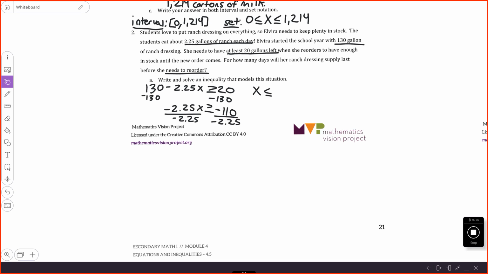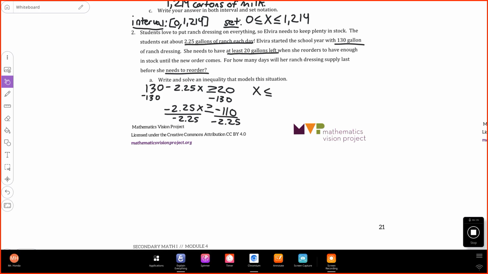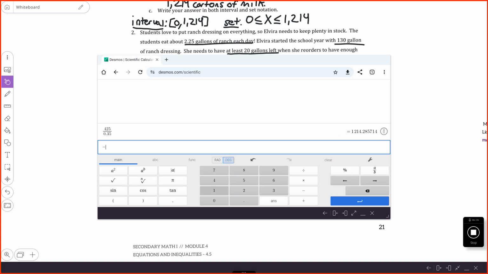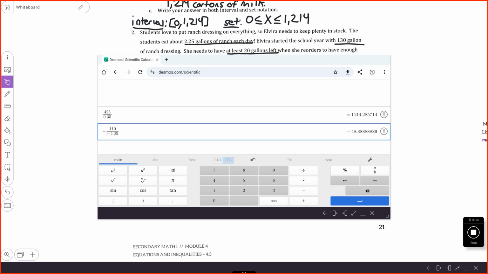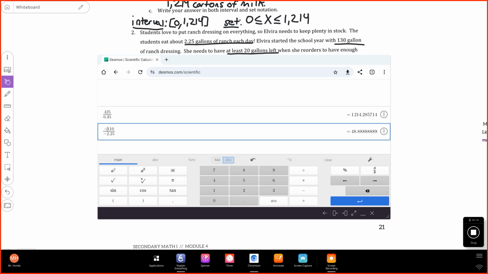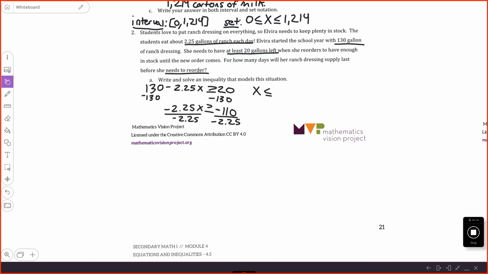So x is less than or equal to 48.88888, so that rounds to 48.89.